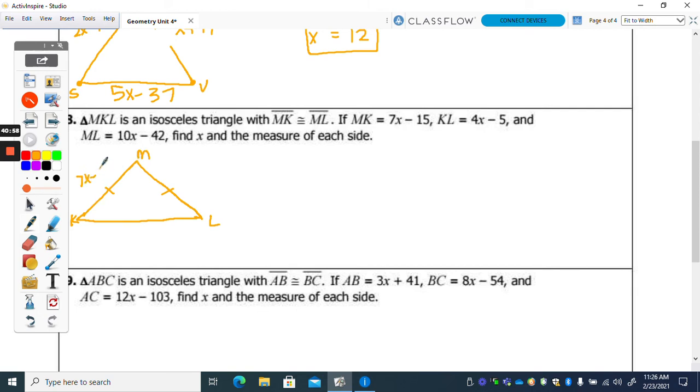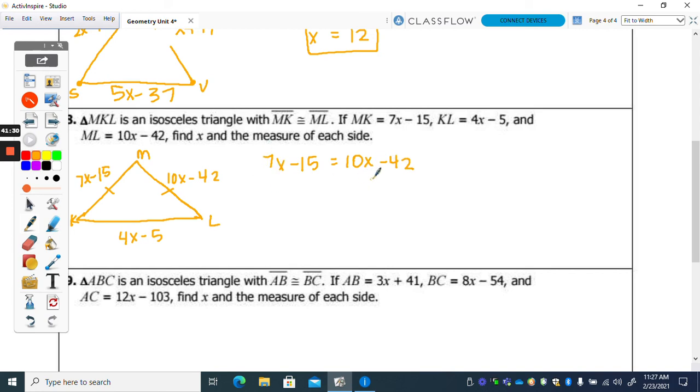KL, that's the bottom one, is 4x minus 5. And ML is 10x minus 42. We can't choose which two we want to set equal. We have to choose the two that are congruent, MK and ML. So we're going to say that 7x minus 15 is equal to 10x minus 42.